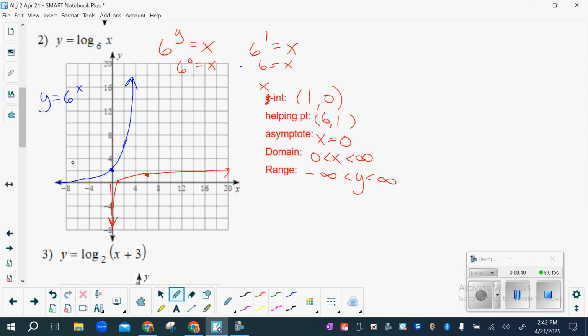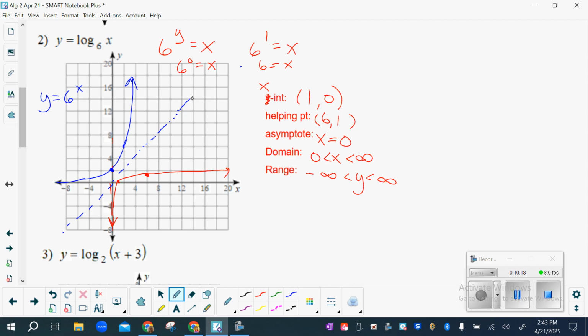We don't have to graph that, but I just wanted to do that to make a point. What do I notice about these two graphs? What happens with the x's and the y's? They switch. What's that called when the x and the y switch? Starts with an I. They're called inverses of each other. Good. So let me draw this dotted line here. So notice they are reflections over that line. Okay, so just a reminder for you there.